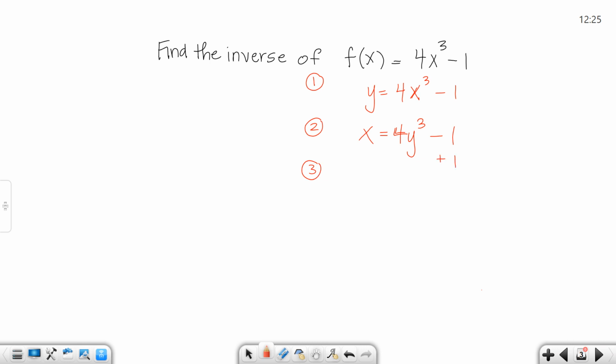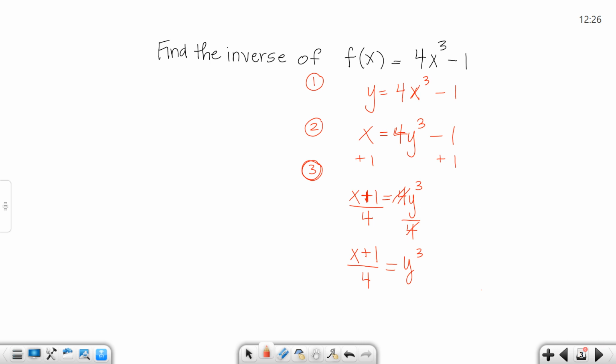So we're going to move the 1 first. We're going to divide by 4 second. And to finish it out, we have to get rid of the 3.